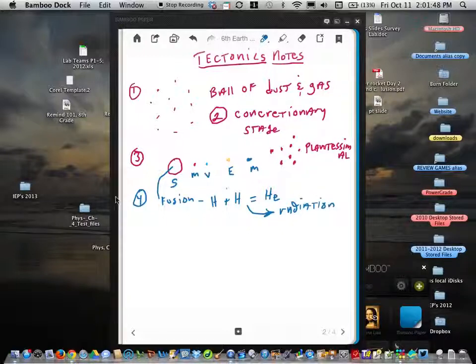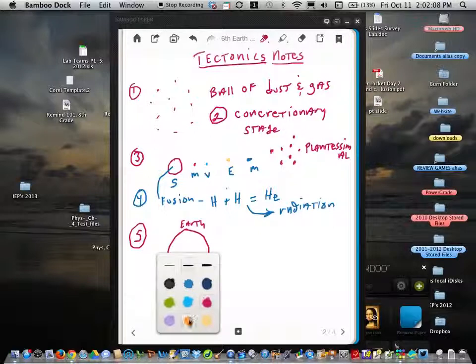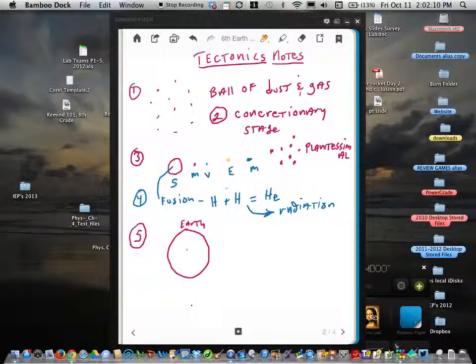There's also, and this gets to our story here, leftover radiation in the core of our own Earth. So this is the Earth. And that leftover radiation is left over from the Big Bang.